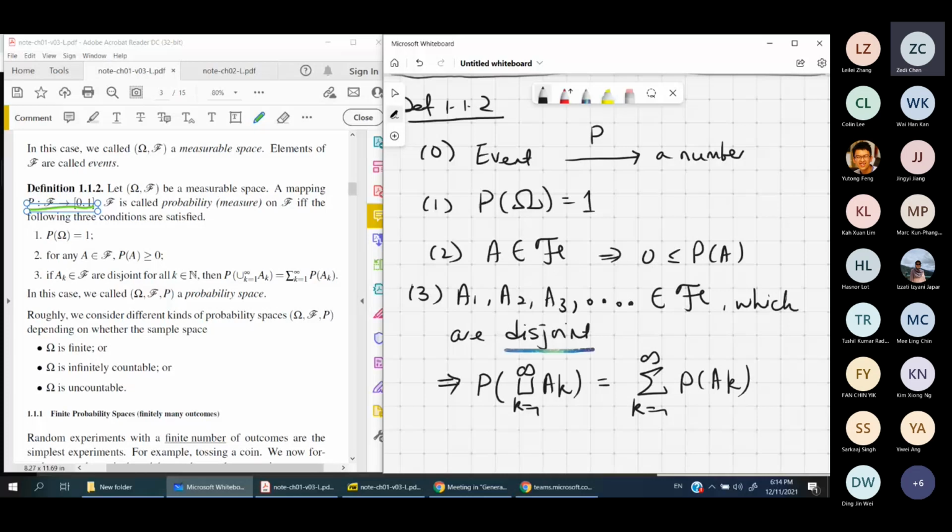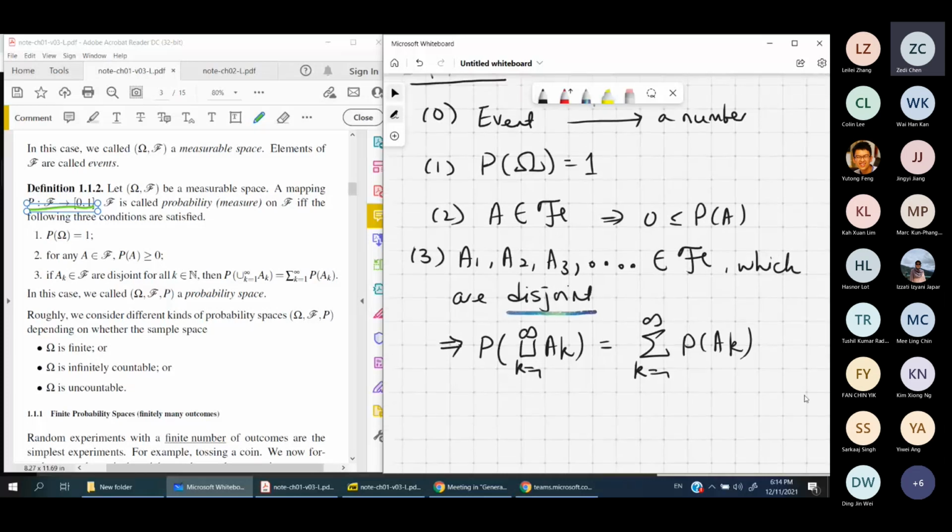So once P fulfills these 1, 2, 3, I include 0 to 3, then we say P is the probability measure.